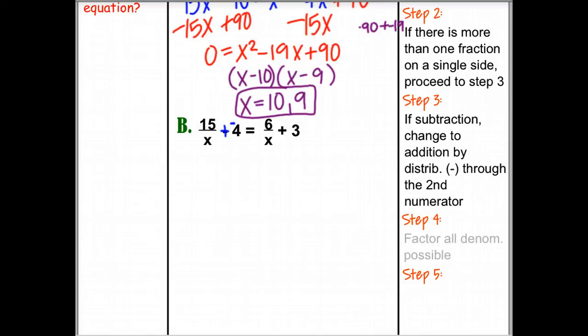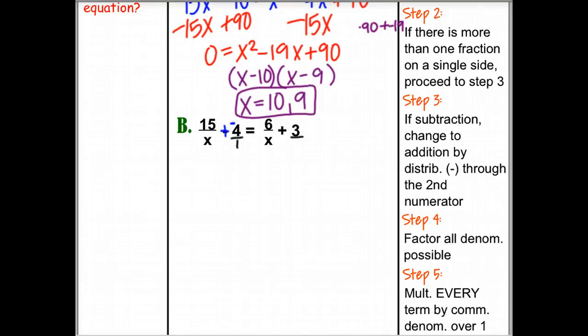Step 4 then is going to be to factor all the denominators possible, which we have everything factored that we possibly can. And then we're going to multiply every term by a common denominator over 1. So this is really negative 4 over 1, this is really 3 over 1. My common denominator is x times 1, which is x, which means I'm going to take 15 over x and multiply that by x over 1.